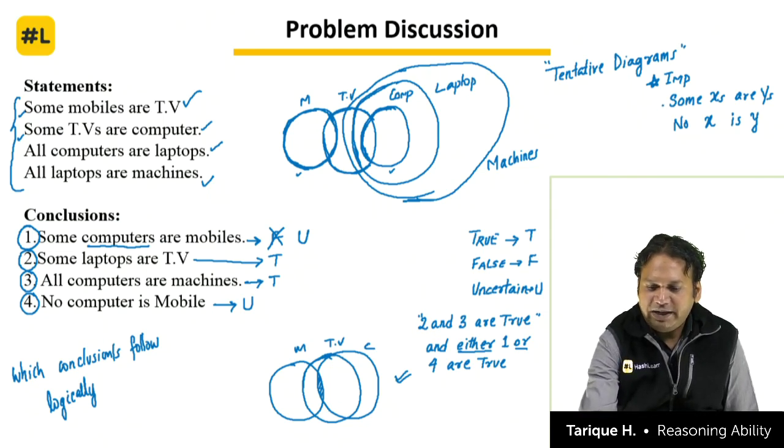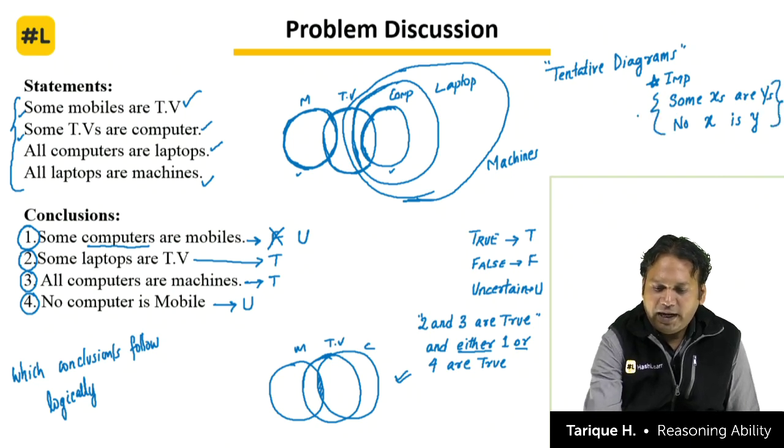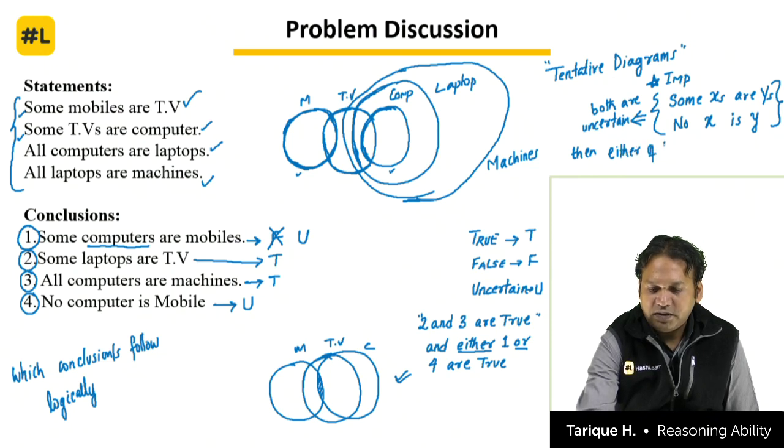But if we have some x's are y's and no x is y, and both are uncertain, very important, both are uncertain, then either of the statements is true.